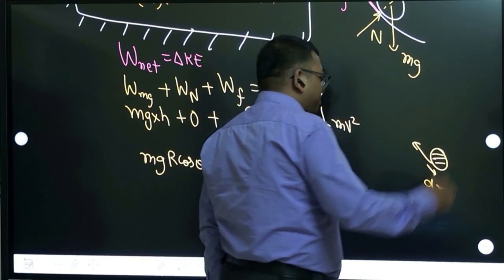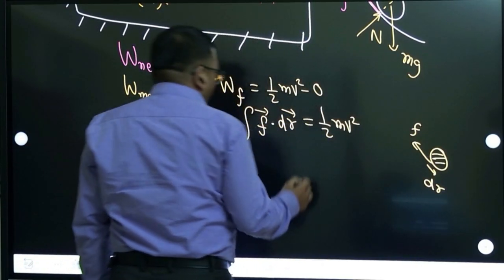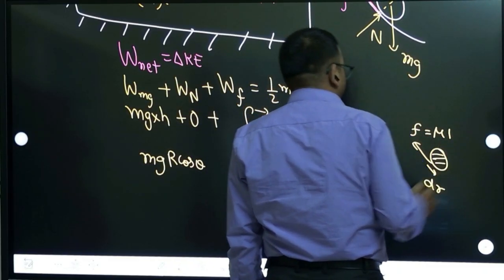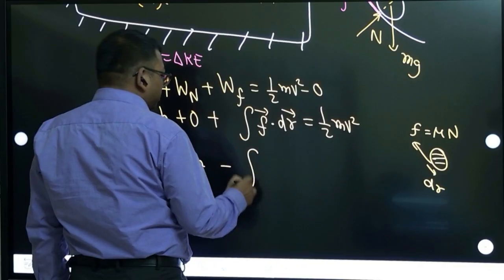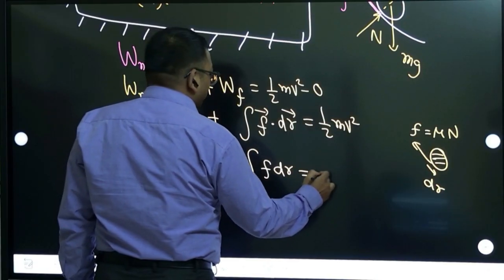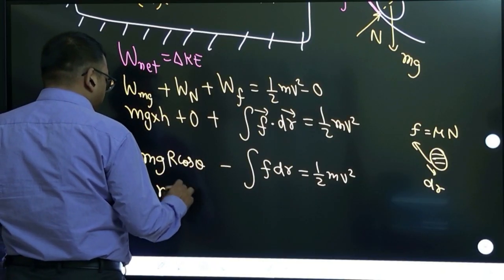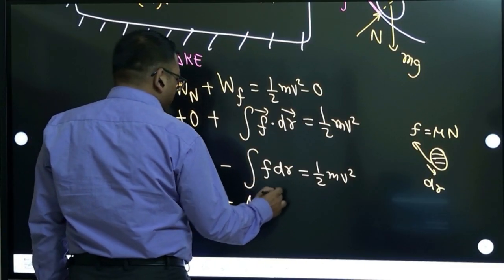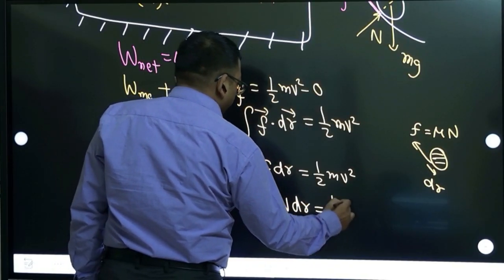Displacement of the body is happening forward, so friction is opposite. And friction is mu times normal. So I will write minus integration of f dr, and this friction is mu times normal. Mu is a constant, I will take it out, so normal will remain inside, dr, equal to half mv square.